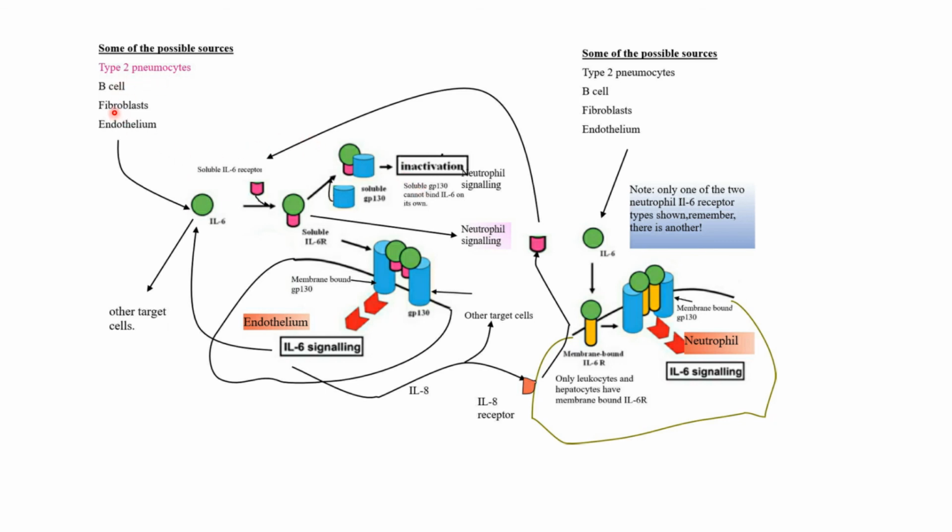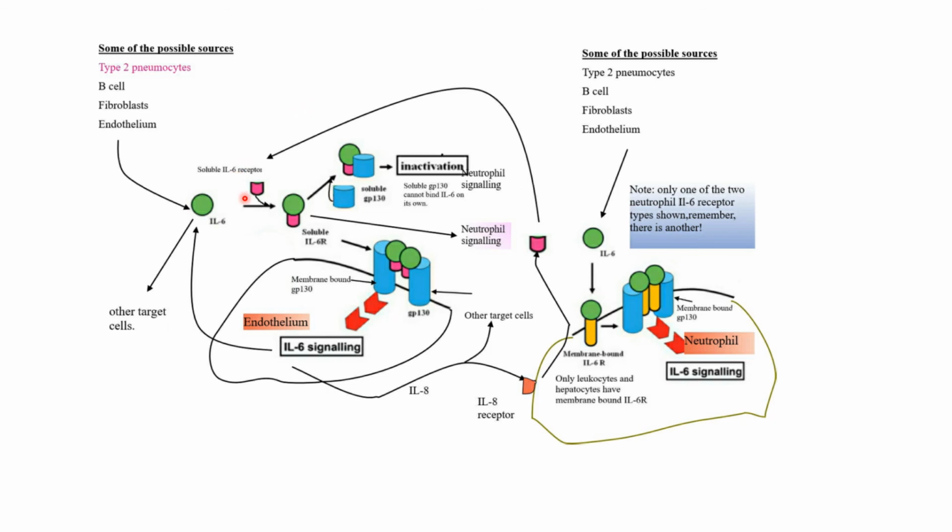Type 2 pneumocytes could be producing IL-6, which acts on endothelium to produce IL-8. IL-8 acts on the receptor on neutrophils, which gives off soluble IL-6 receptor.